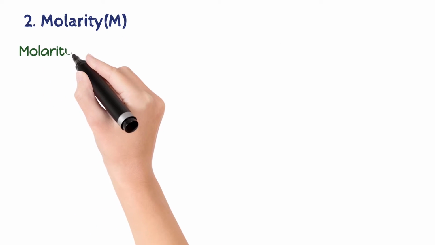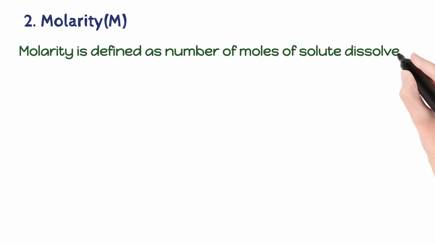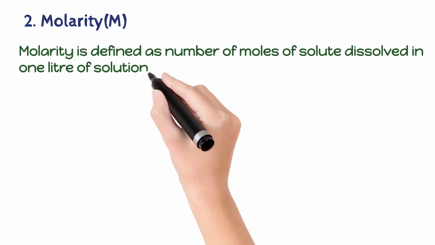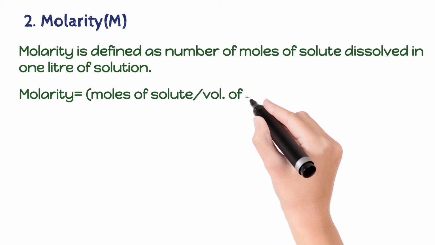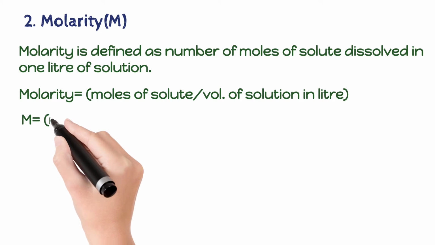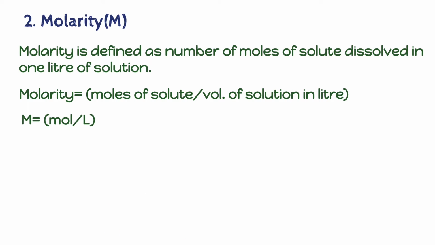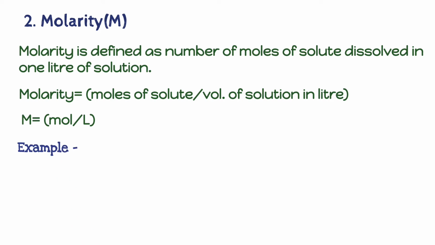Now, what is molarity? Molarity is defined as the number of moles of solute dissolved in 1 liter of solution. Molarity equals moles of solute divided by volume of solution in liters. The unit of molarity is mole per liter.